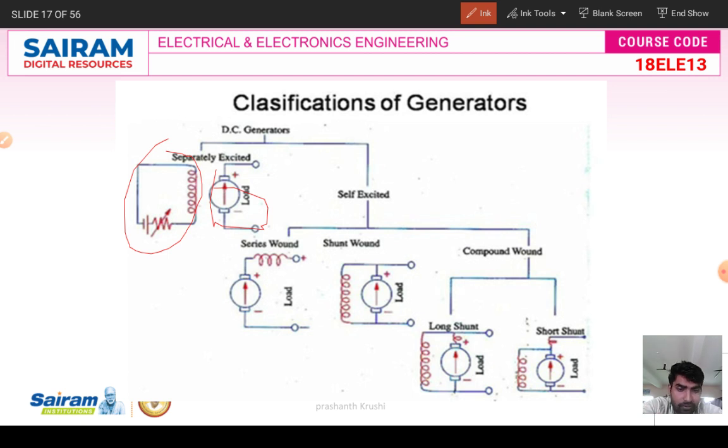But in the short shunt, the shunt field winding is parallel with only the armature, and that part is in series with the series field winding. See here, this is the series field winding in series with the armature; in shunt wound, this field winding is parallel with the armature; and compound wound is a combination of both shunt and series. Here this field winding is parallel with both armature and series field winding, and this field winding is parallel with only the armature. This is the series field winding. So this is the short shunt compound generator.